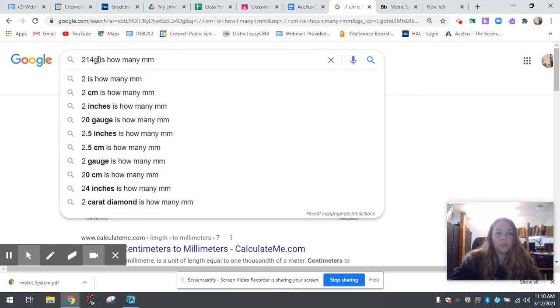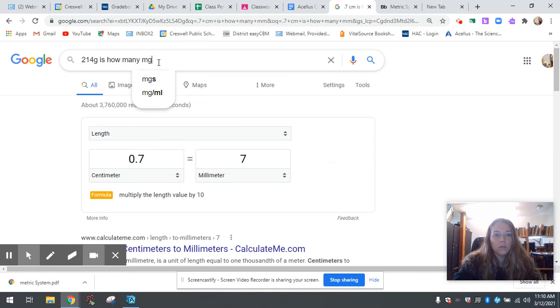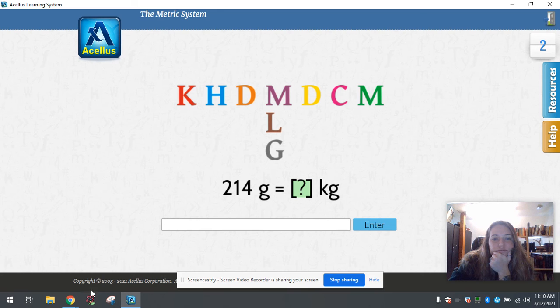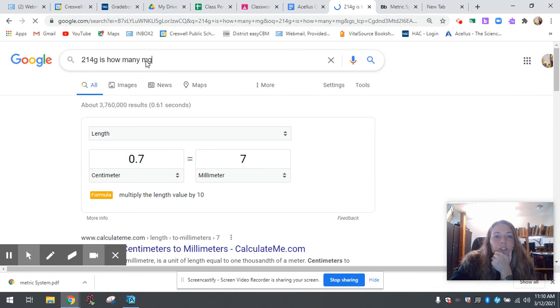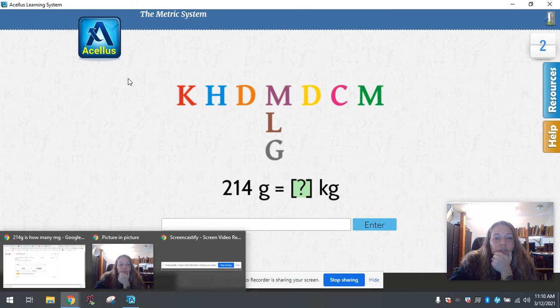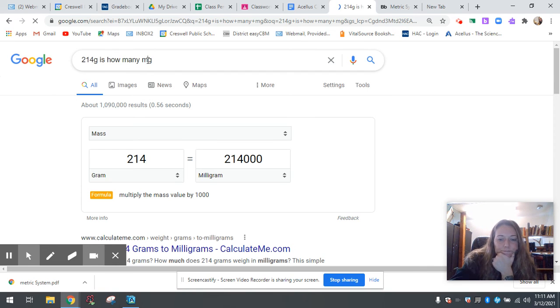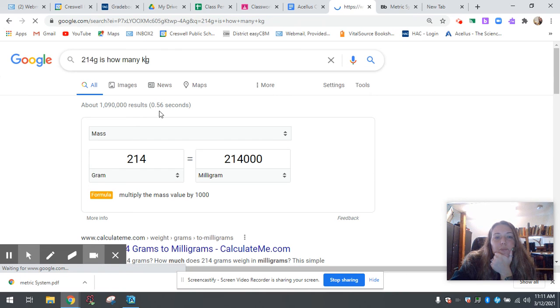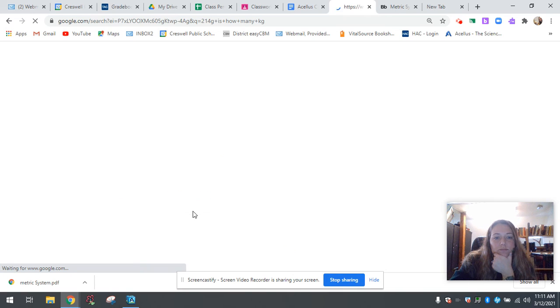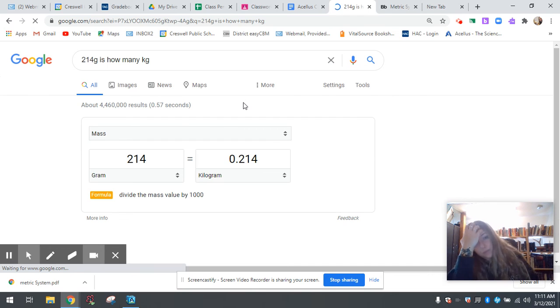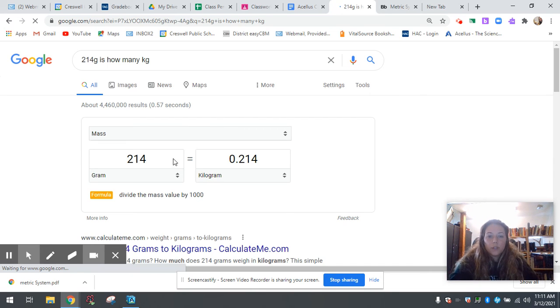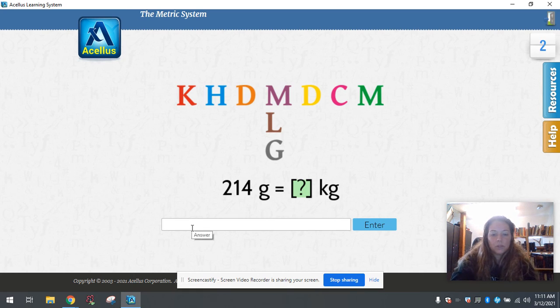Oh, it was kilograms, not milligrams. Whoopsie daisy. 0.214 kilograms.